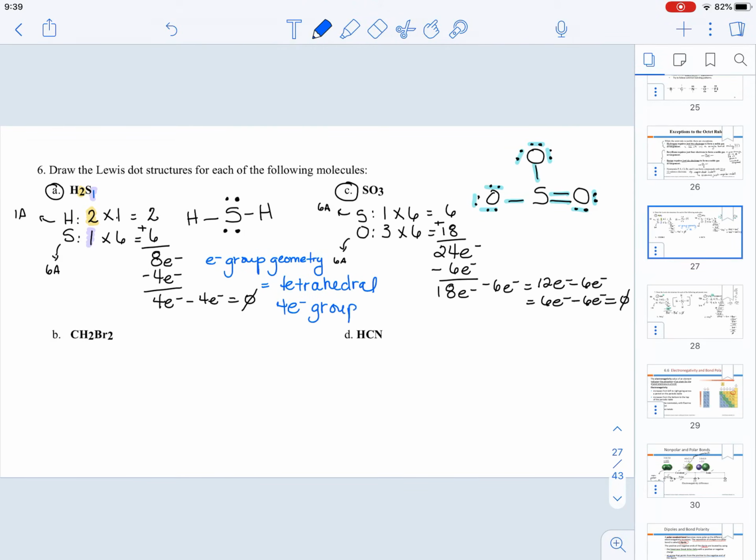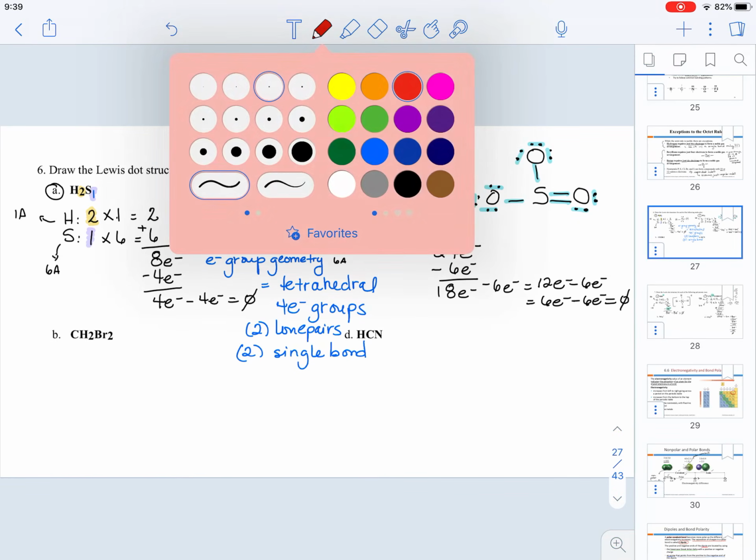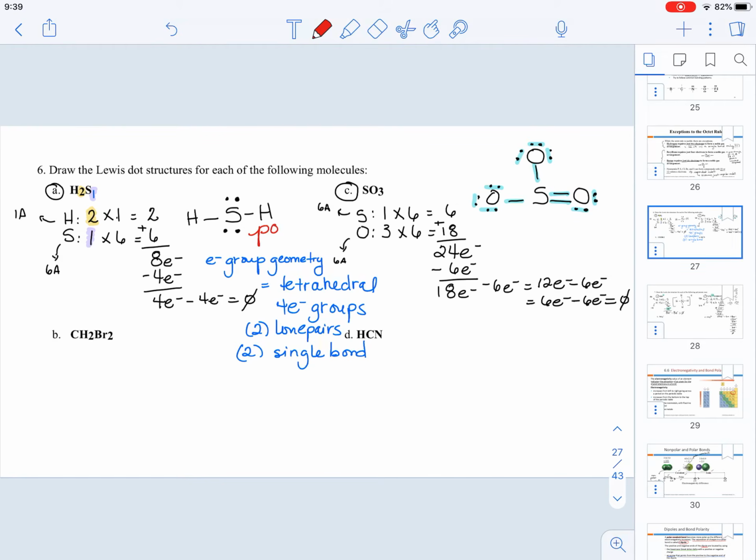What are the 4 electron groups? 2 lone pairs and 2 single bonds. Then I ask myself, if I look at sulfur, does it have 4 identical groups? The answer is no. So that means that this molecule is polar.